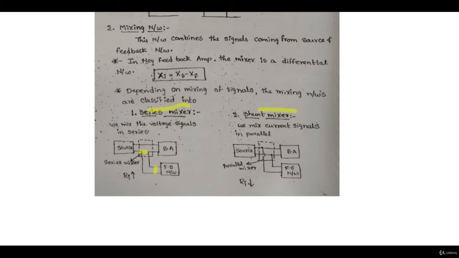Here you can see it is series mixing. This is how it looks, and in the dotted box you can see how it is connected. Similarly here, we mix current signals in parallel, which is called shunt mixing. You can see the two branches are in parallel. This is what parallel mixing looks like.